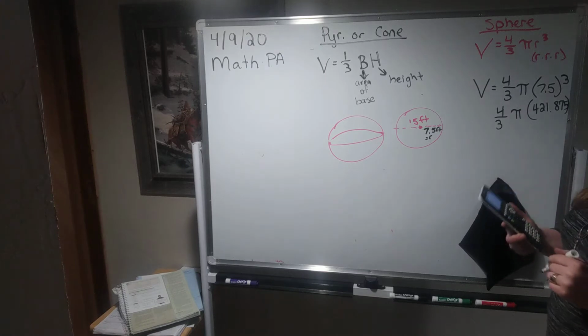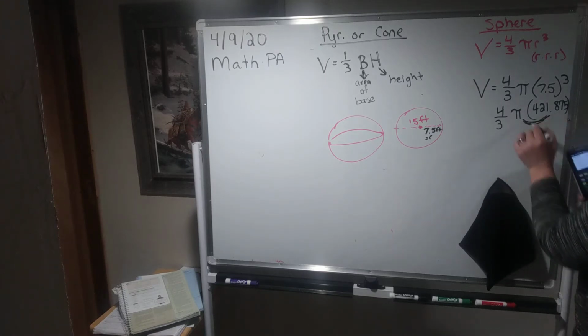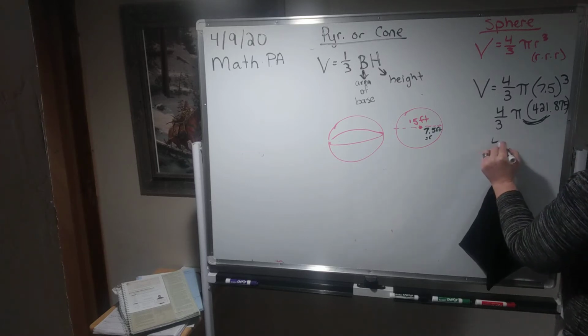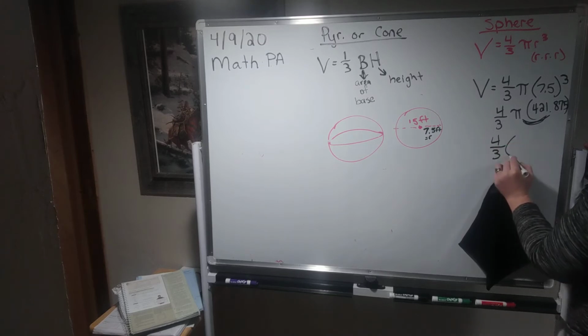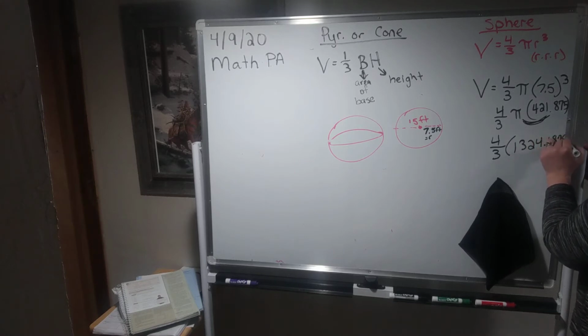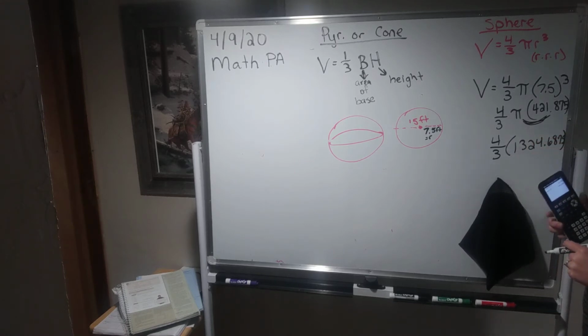All right, so now let's multiply these together. Let's take that number times 3.14. So now we have 4/3 times 1324.6875.